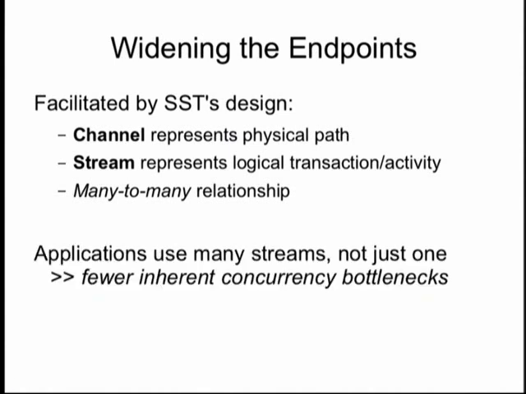The two key points regarding this are that because the application is using many streams, and these streams can be associated with a variety of channels, possibly just one at a time, possibly a few at a time, it at least creates the latitude for the transport designer.